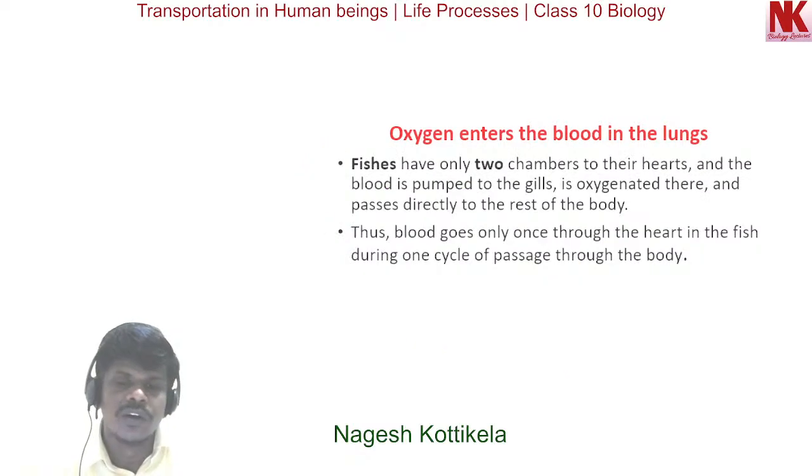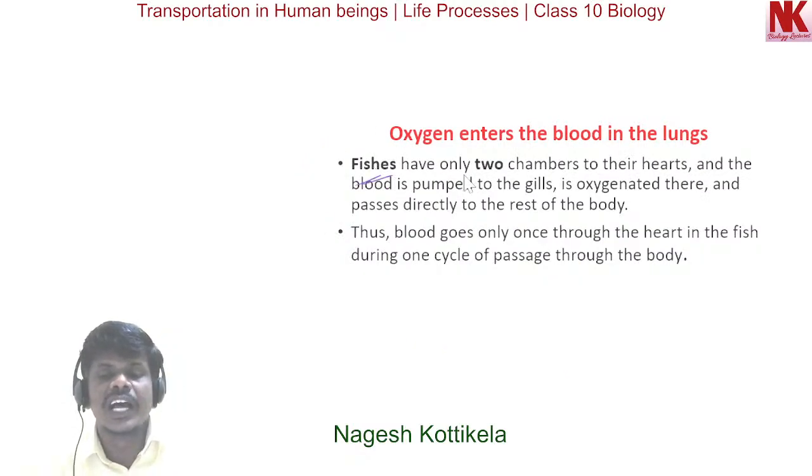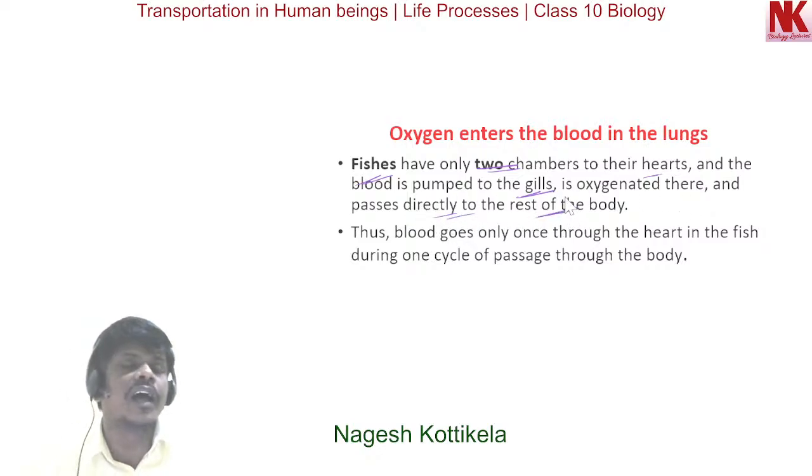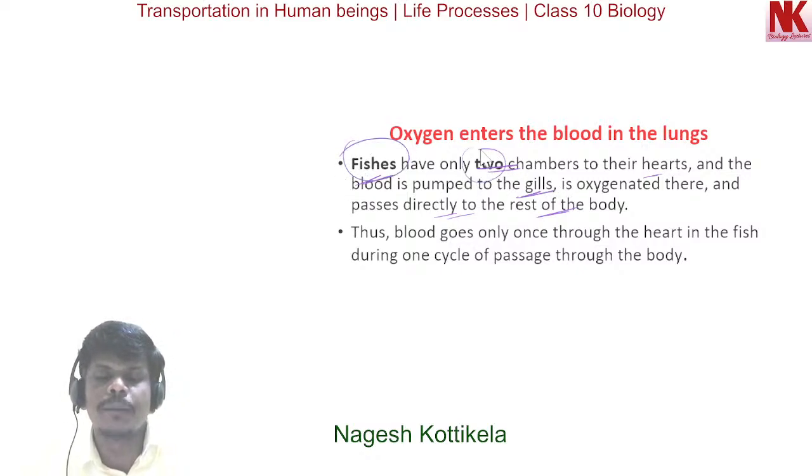Now moving to the next, fishes have only two chambers in their hearts. The blood is pumped to the gills, is oxygenated there, and passes directly to the rest of the body. So here in fishes, they have only two chambers in the heart.